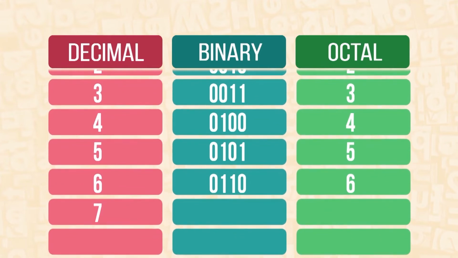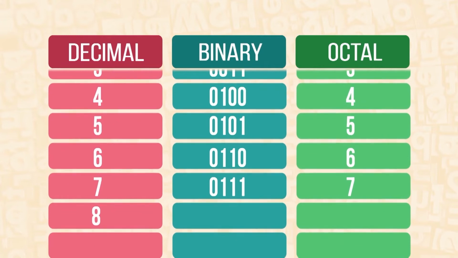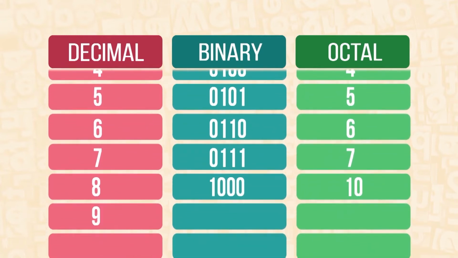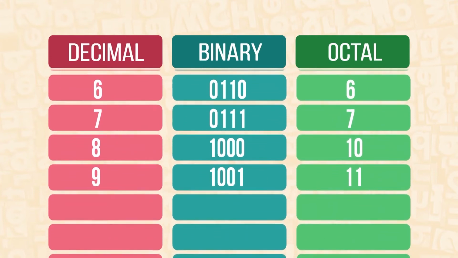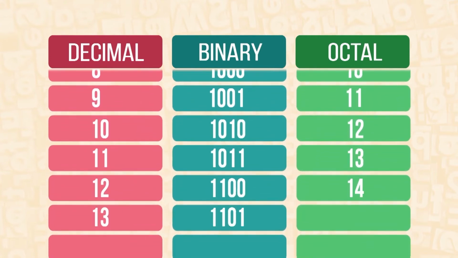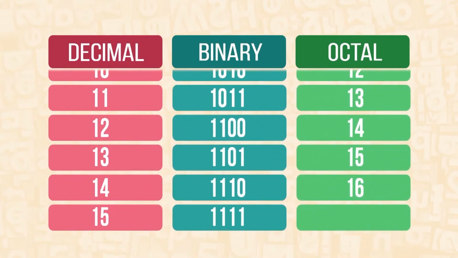And when it comes to 8, in binary it is represented as 1000 and in octal it is 10. For 9 it is 11, for 10 it is 12, etc. And for 15 in binary it is 1111 and octal representation is 17.